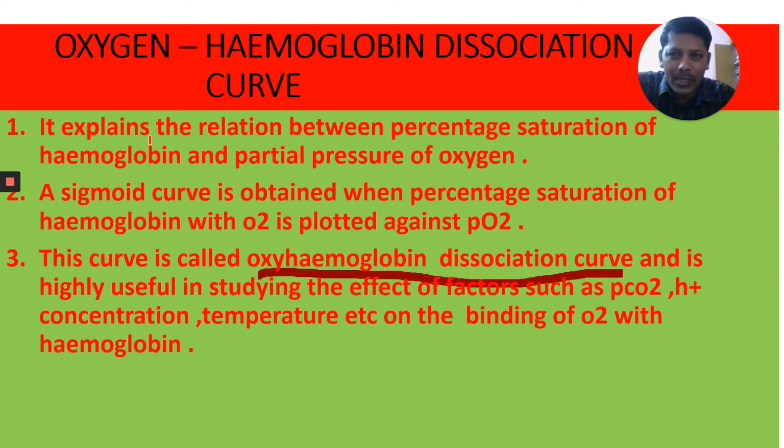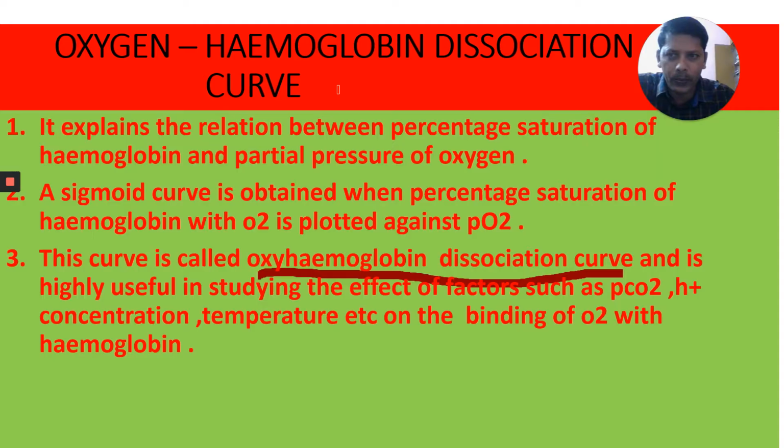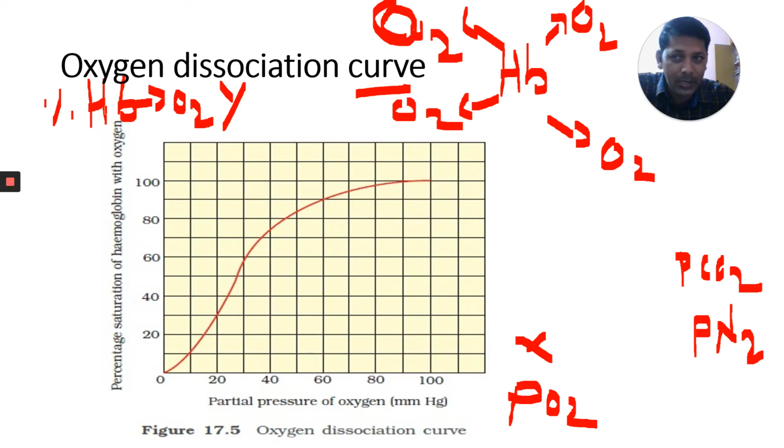This curve explains the relation between the percentage saturation of hemoglobin and the partial pressure of oxygen. The relation between these two is explained by a sigmoid curve. A sigmoid curve is obtained when the percentage saturation of hemoglobin with oxygen is plotted against the partial pressure of oxygen.